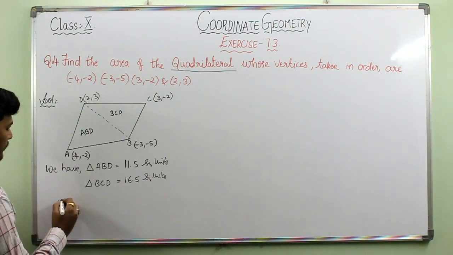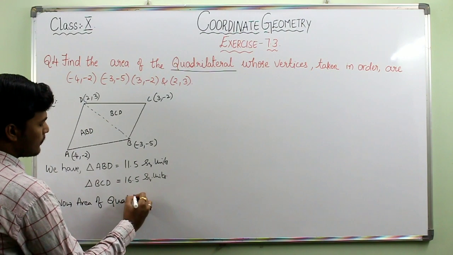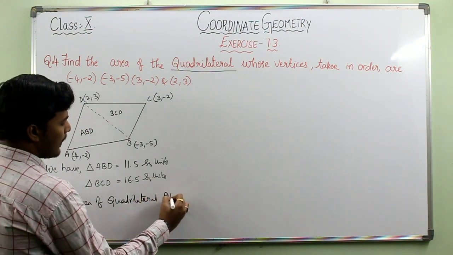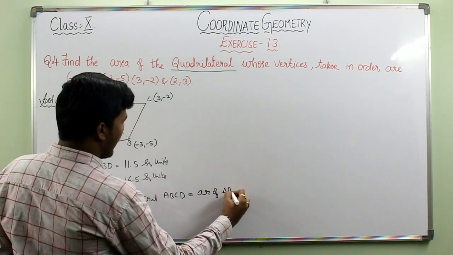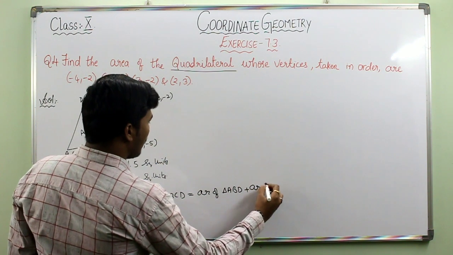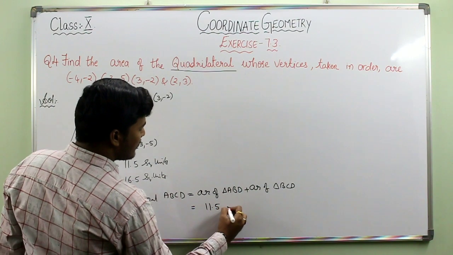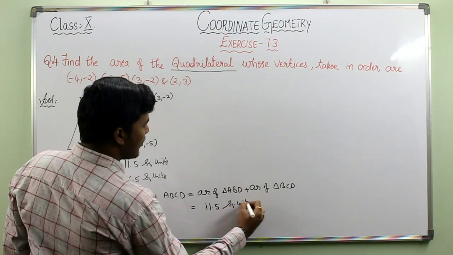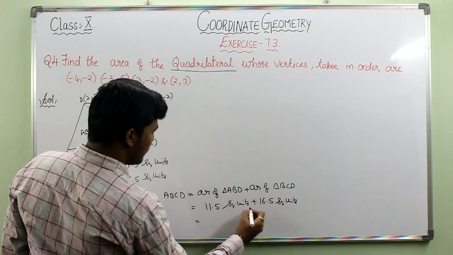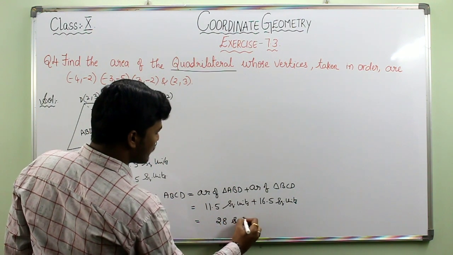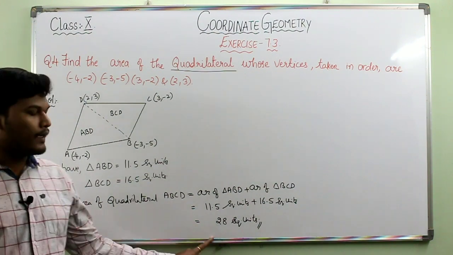Now the area of quadrilateral ABCD can be written as the area of triangle ABD plus the area of triangle BCD, that is equal to 11.5 square units plus 16.5 square units. So therefore when you add these two, it will become 28 square units. Therefore the area of the quadrilateral ABCD is 28 square units.